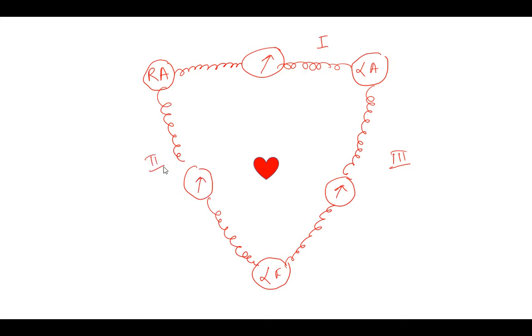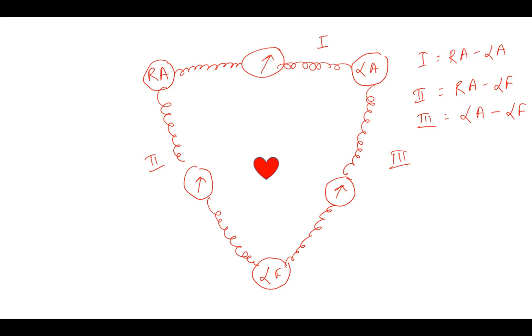So these are the basic leads, lead 1, lead 2 and lead 3. From this diagram we can say that lead 1 measures the potential difference between right arm and left arm. Lead 2 measures the potential difference between right arm and left foot. Lead 3 measures the potential difference between left arm and left foot.